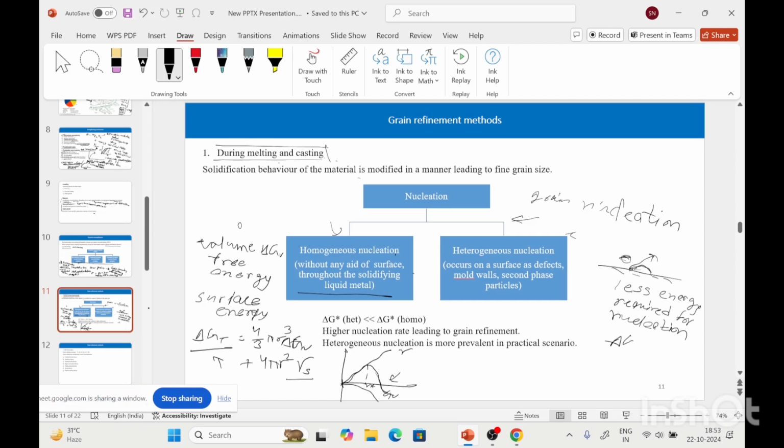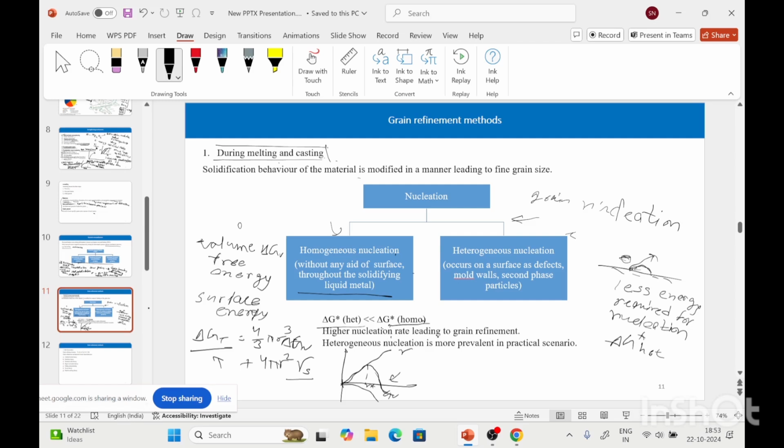The delta G star for heterogeneous nucleation is very low compared to the energy barrier for homogeneous nucleation. Due to the low energy barrier, the nucleation rate will be high, which leads to grain refinement.